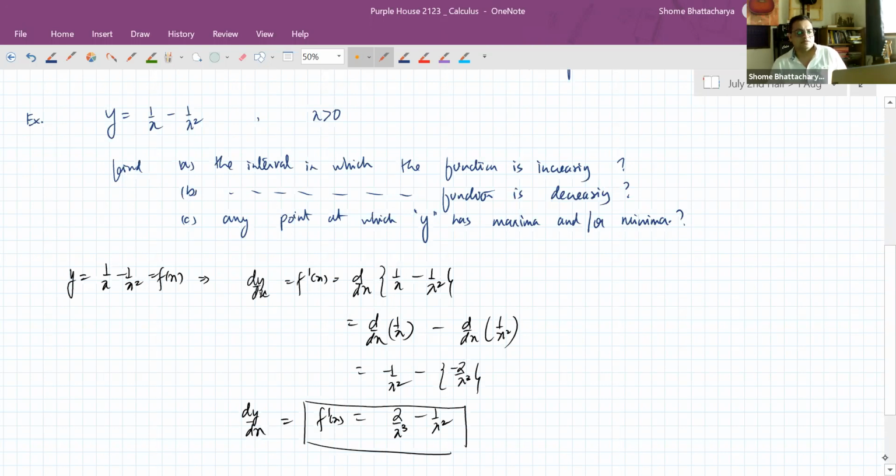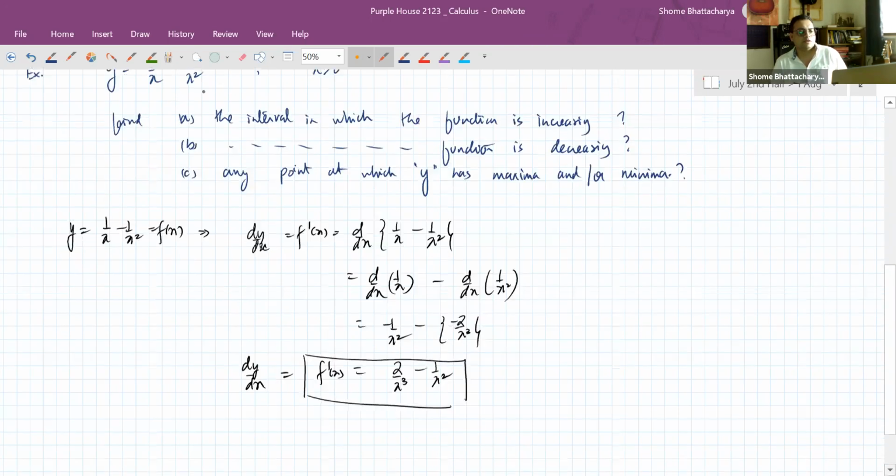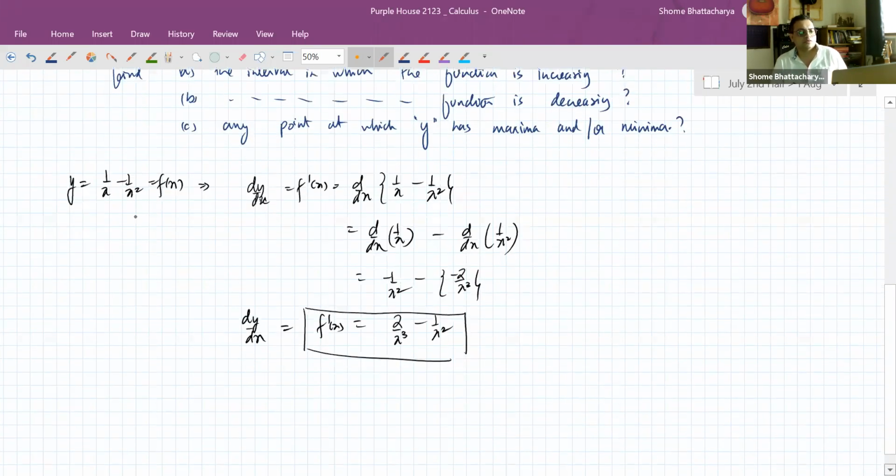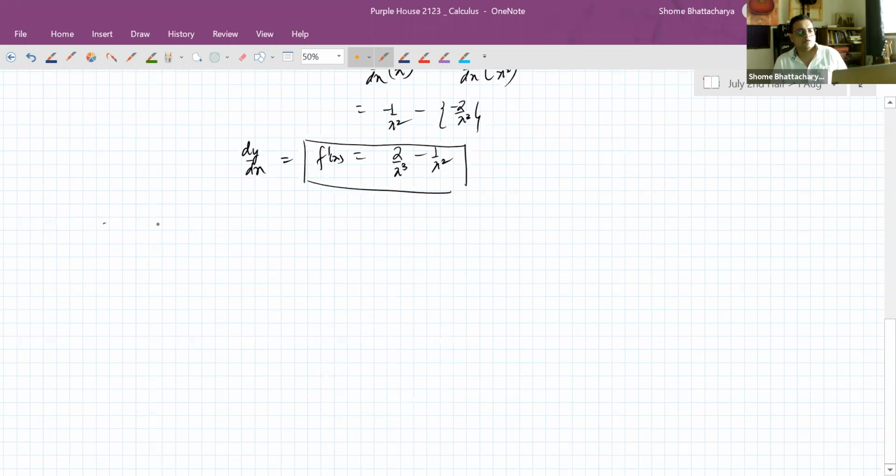Okay, so that's the first thing. We find the derivative. Now the first part, we want to find out the interval in which the function is increasing. The function f(x) is increasing when dy by dx, or f prime x, whatever we choose to call it, is greater than 0.